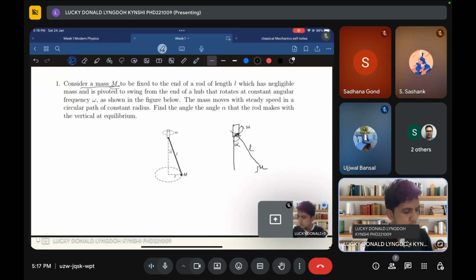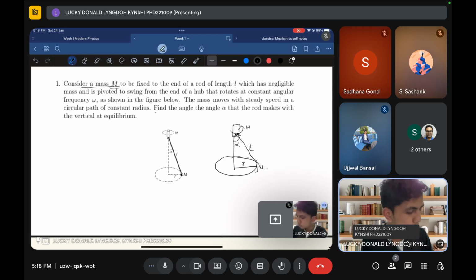Now the question is, mass m is fixed to the end of a rod of length L which has negligible mass and is permitted to swing from the end of a rod that rotates at an angular frequency omega, as shown in the figure. The mass moves with steady speed in a circular path. So this mass is moving in a circular path at a constant radius r.